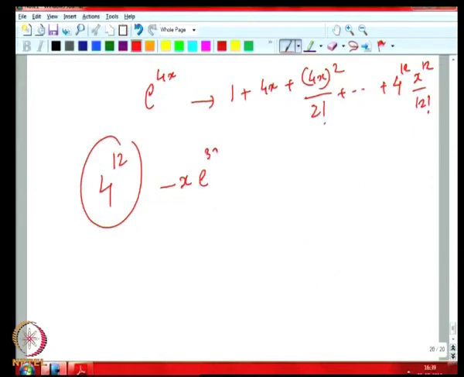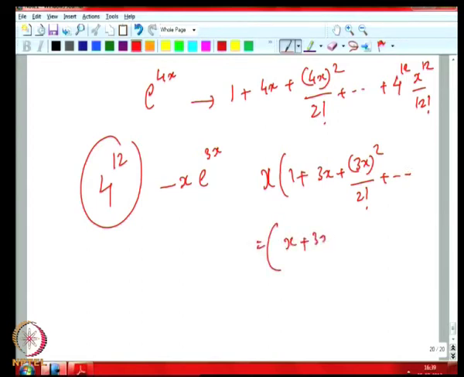Now note that when you expand it, this is x into 1 plus 3x plus 3x whole square by 2 factorial and so on. Now multiplying by x, this will be x plus 3x square plus 3 square x cube by 2 factorial and so on.